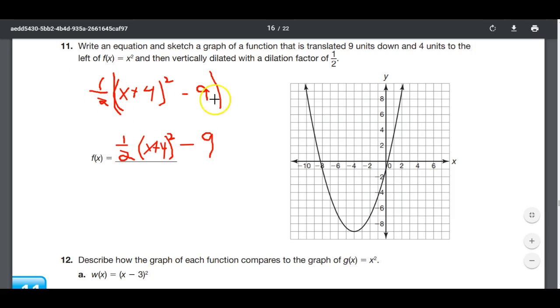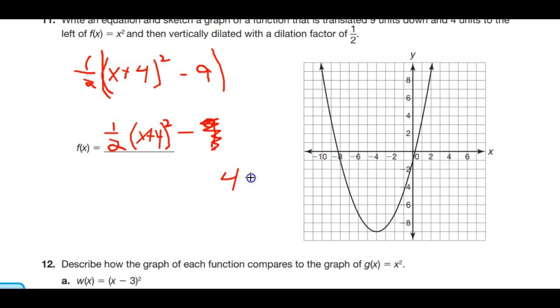It would have already, this parentheses shouldn't be there because we would have actually moved it to 18, and then, oh, wait a minute, whoa. It was translated down 9 units and then 4 units to the left, and then it was vertically dilated. Aha! So if it was then vertically dilated, it would be 4.5.